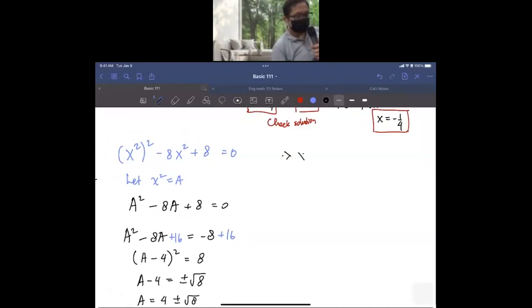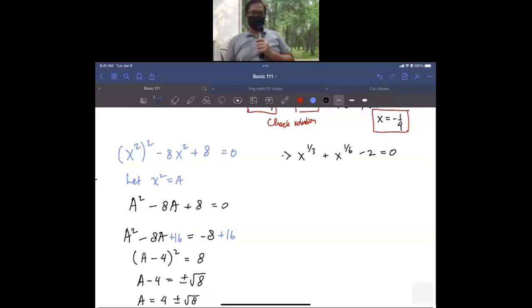Okay, the other is x with power of 1 over 3 plus x with power of 1 over 6 minus 2 is equal to 0.